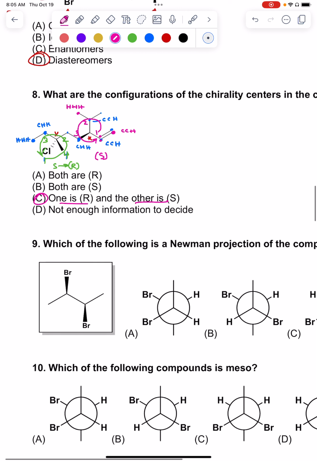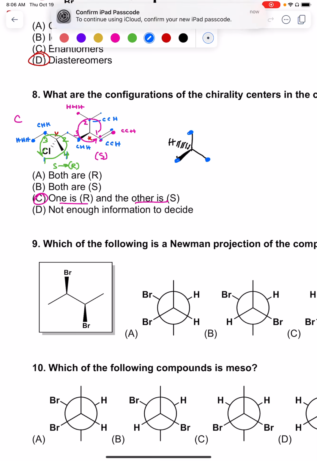And if that was too messy and confusing, remember you can always draw them out by themselves. So for this one, there was one on a wedge, that's this one. Remember our hydrogen was in the back here. I didn't draw it in because I know it's in the back, so it doesn't really affect anything. And then you can move out as you count, and that'll help. I mean, you can say, okay, I'm just comparing these 3 carbons. That's 1, 2, 3. They're all carbons. What's attached to them?